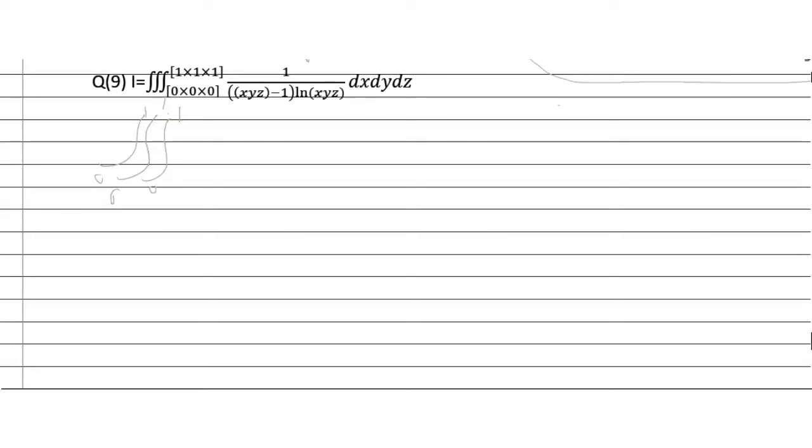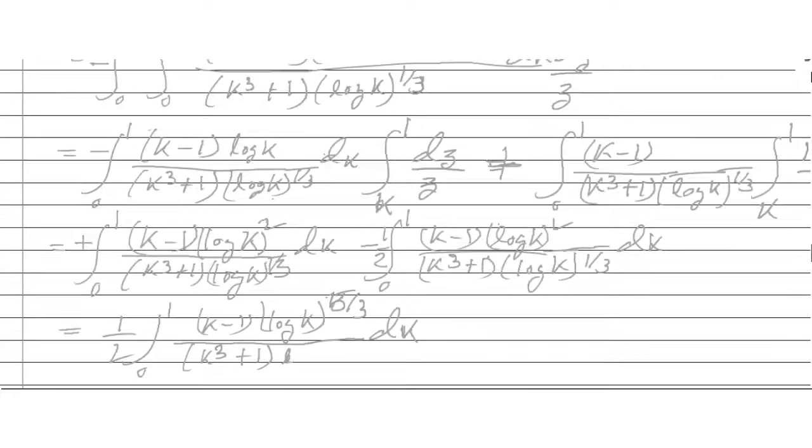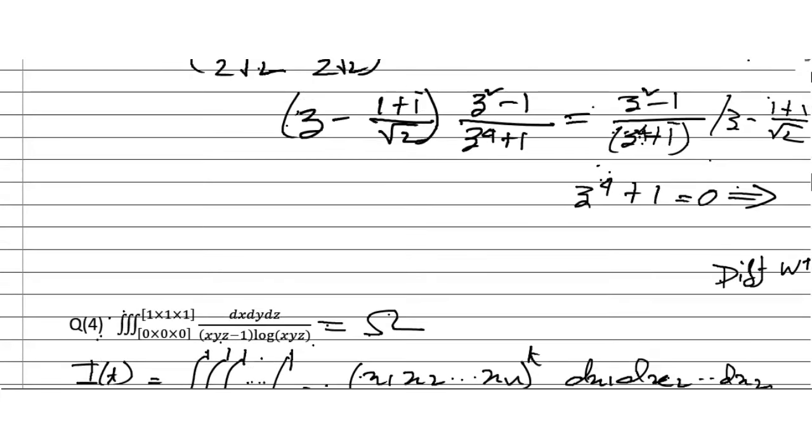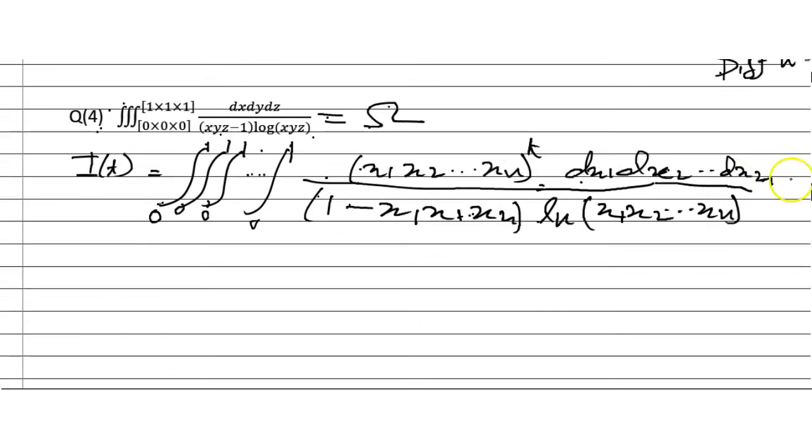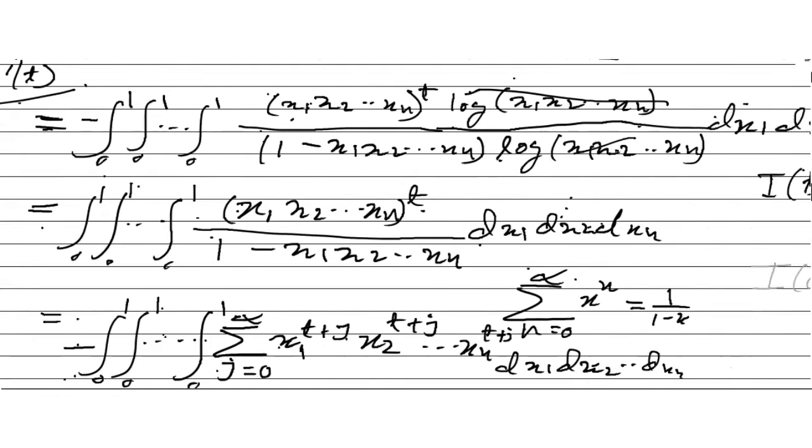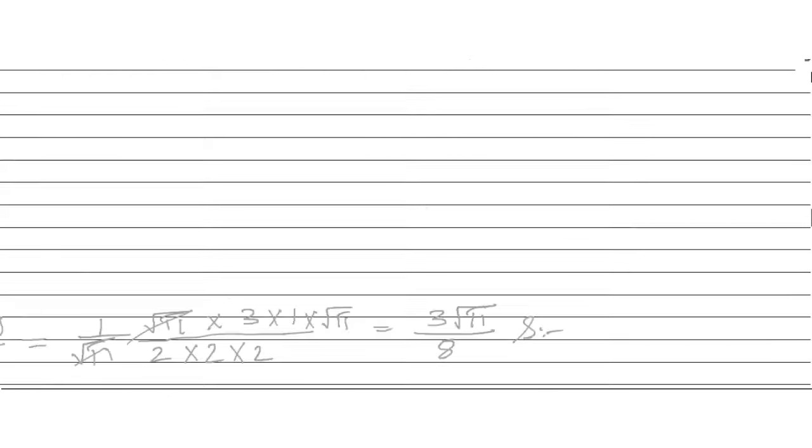Okay friends, I think this problem I have already done. Question 9 and question 4 are the same type of problem, friends. We have already done it, so we don't need to solve this problem.